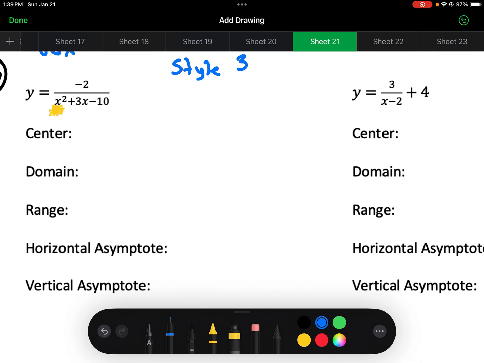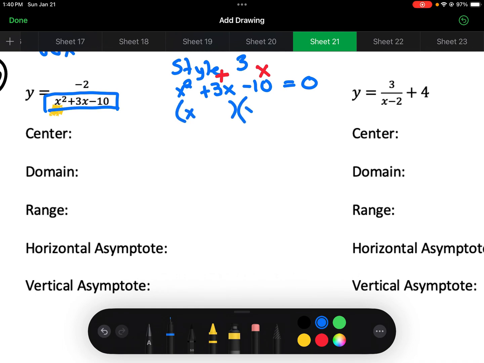Here's how we're going to do it. Take the entire bottom, x squared plus 3x minus 10, set it equal to 0, and solve. Since I'm dealing with a quadratic, I'm looking for two numbers that multiply to negative 10 and add to 3.